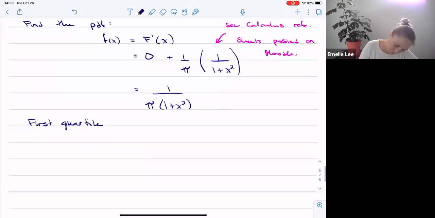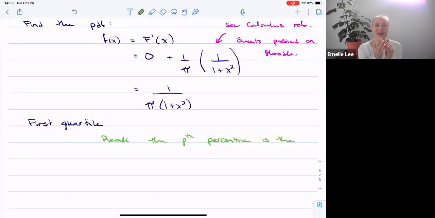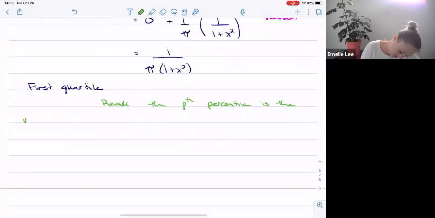And so recall, the pth percentile is the value of x that has p% of the curve below it. Okay. So it is the value of x with p% below it.